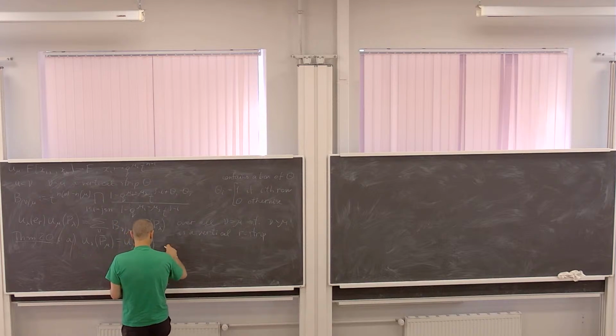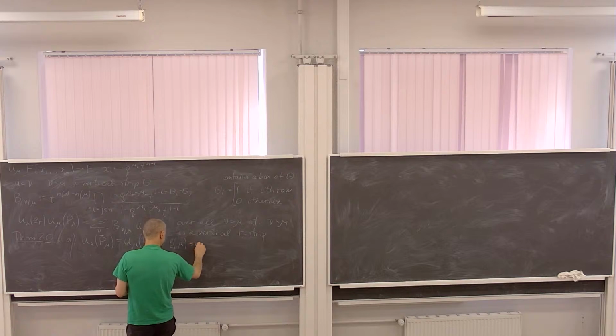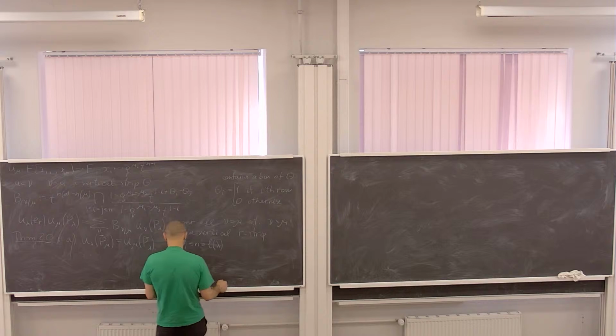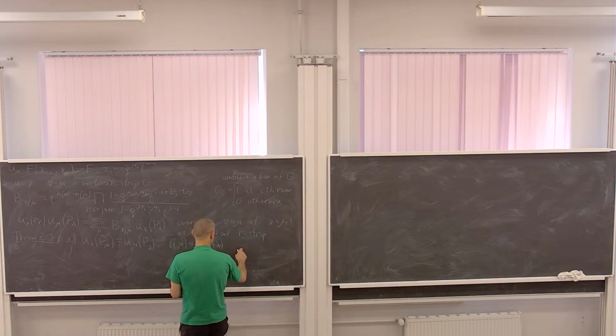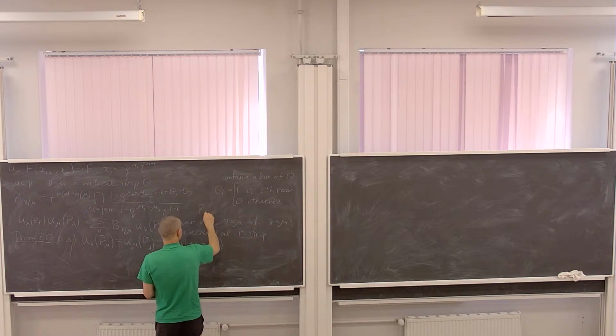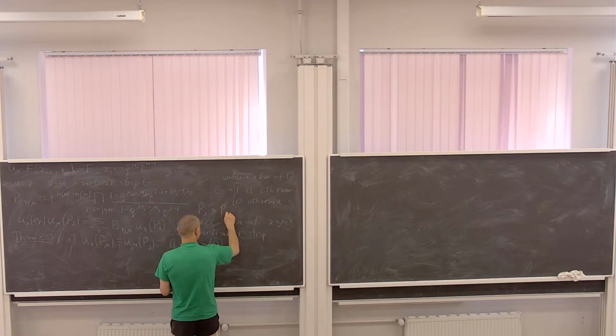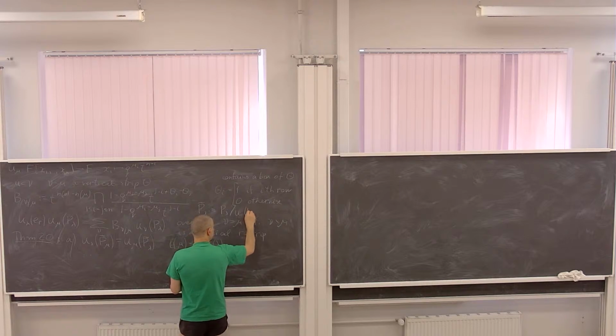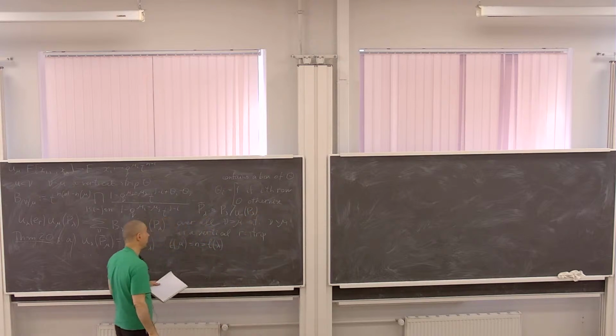Here the length of mu and the length of lambda is at most n, and p lambda tilde is the renormalized polynomial p lambda over this evaluation u naught of p lambda, which is not 0.